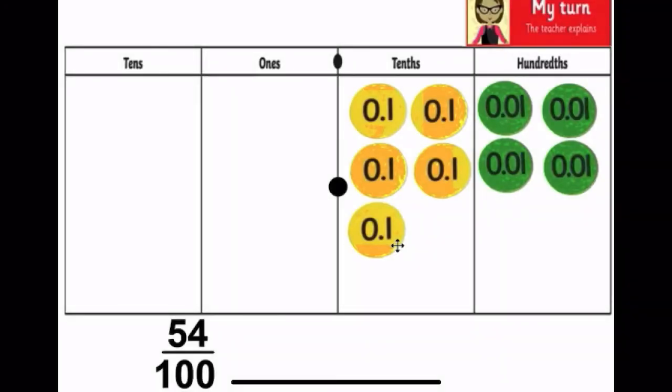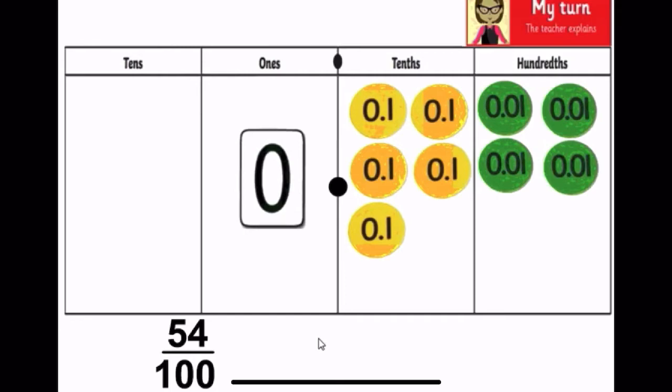And in this one, we can see that we have tenths in the tenths column this time. And if we look at this as a fraction, this says 54 hundredths. We can work that out because we have 5 in the tenths column and 4 in the hundredths column. 54 parts out of 100. But how do we write that as a decimal? Well, I'm going to use my 0 card here again to show I have no ones.